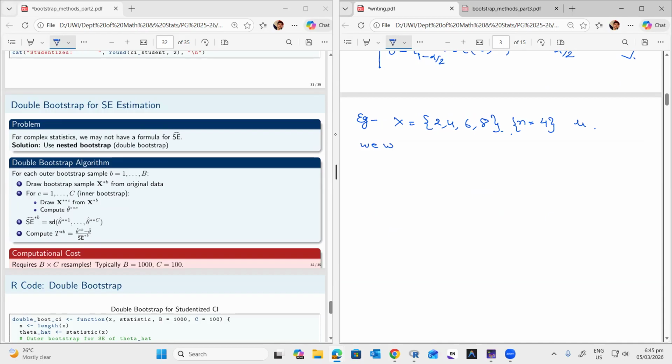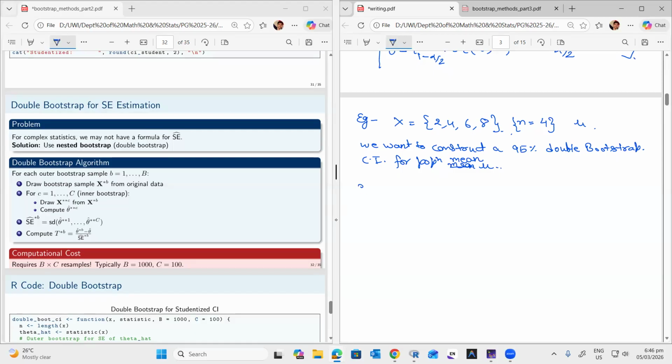So how will we do it? First we need to take the sample average.